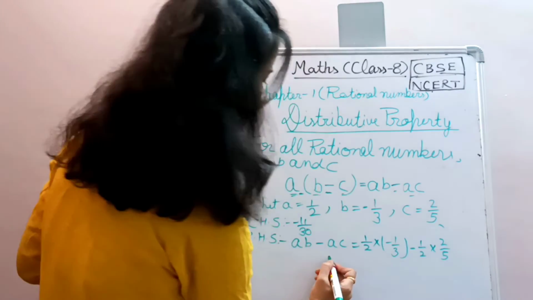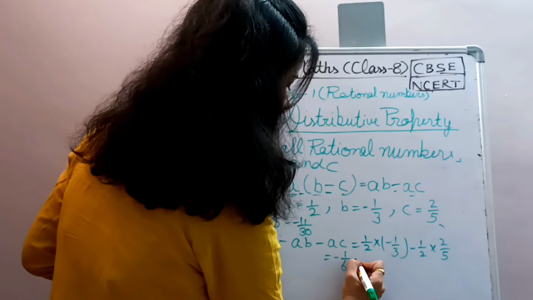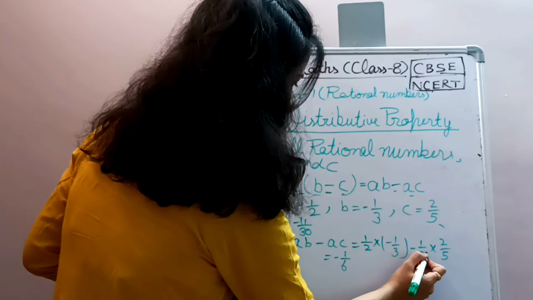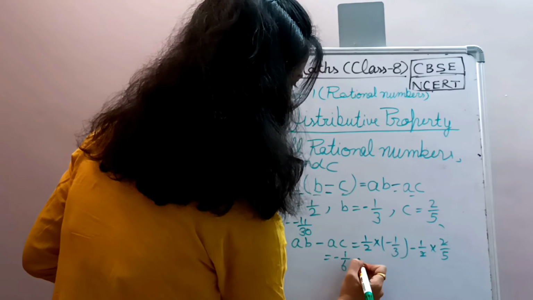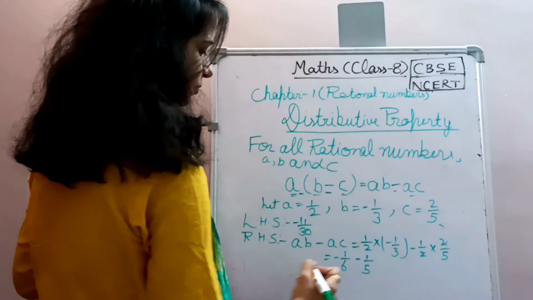Just simplify it. Minus 1 upon 6, and 2 and 2 will be cancelled, then we will get minus 1 upon 5.